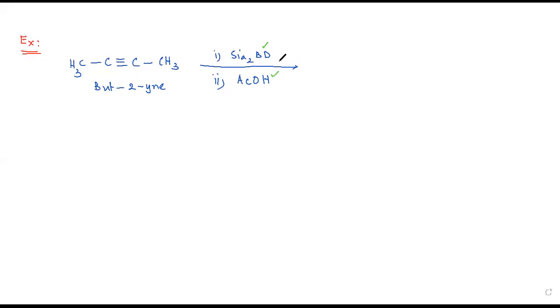And of course, we know that this deuterium goes to this carbon, and the hydrogen goes to this, right? As per the mechanism. CH3, then this will be deuterium, then this CH3, then here it is hydrogen.